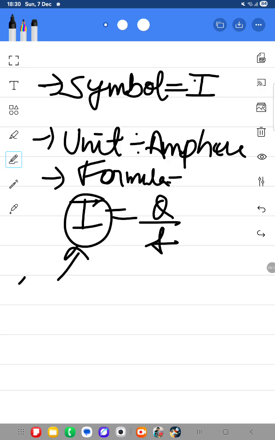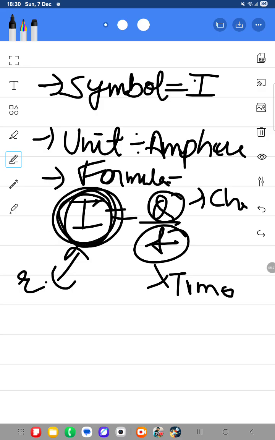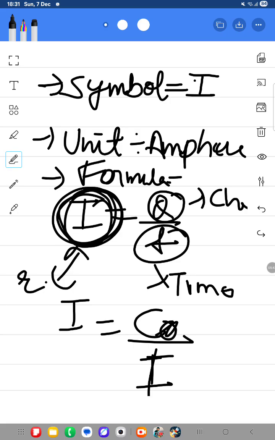Here I stands for electric current, q stands for charge, and t stands for time taken. So from here we can also derive the unit of electric current: I equals q, charge unit is coulomb, that is C, upon time taken t. So it is called ampere. It is derived from the name of a scientist.